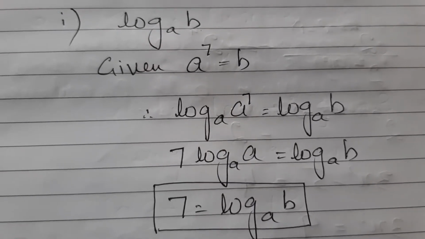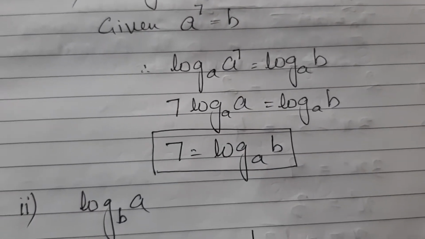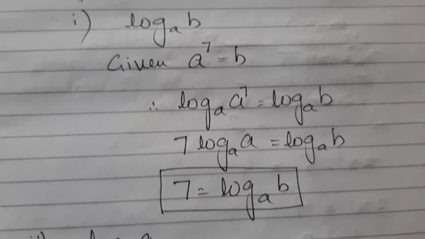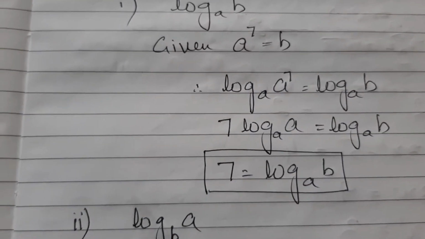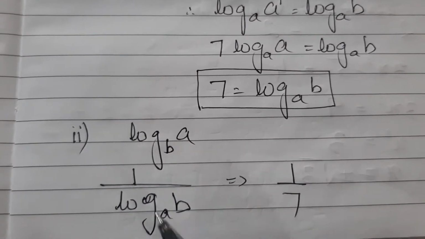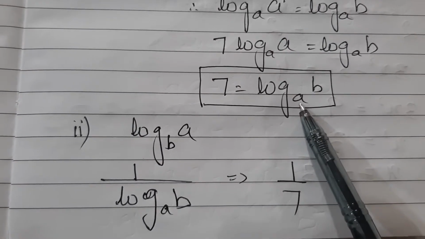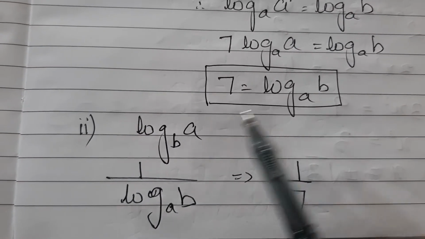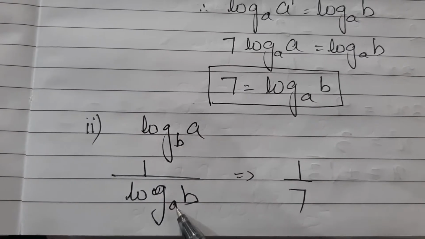Okay, so let's see part 2 of the question. Same question. This is saying log a base b. And what was given here? A power 7 equals b. Now if I change this into this form, because I have just found the answer of this in part 1, can you see here? This was equal to 7. So if I take this whole in the denominator, I will have log b base a.